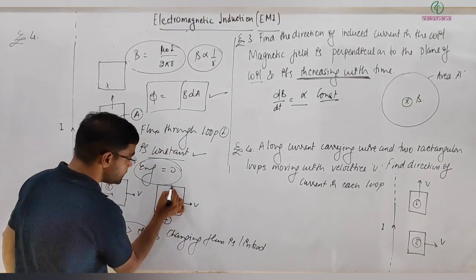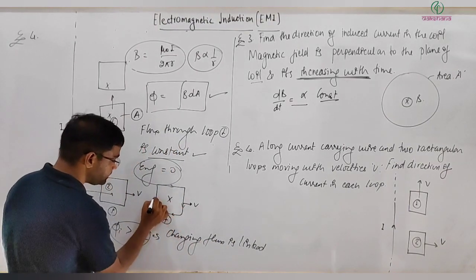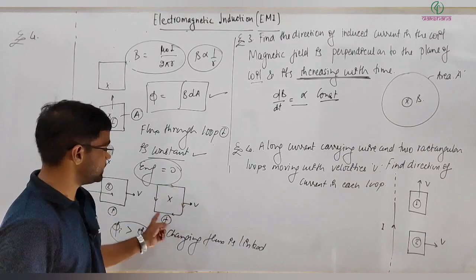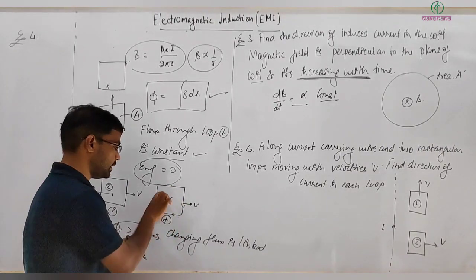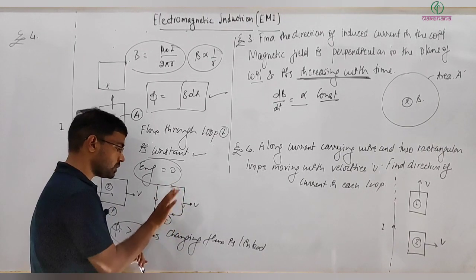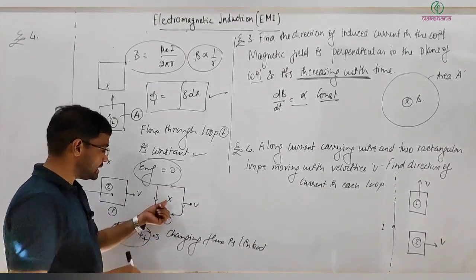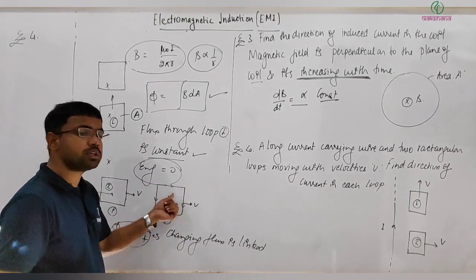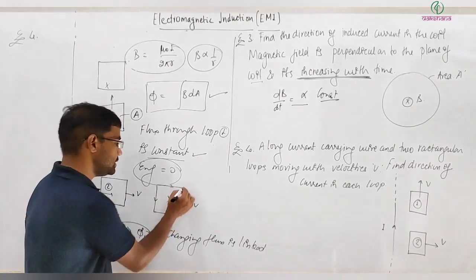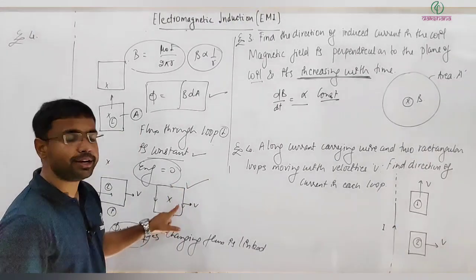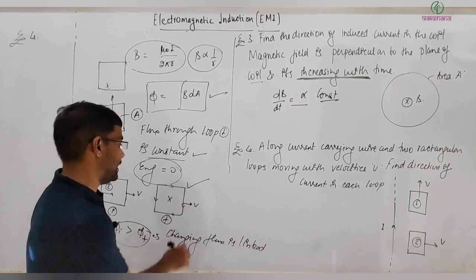So if the current is in the clockwise direction, the flux due to this induced current will be inward, and since the flux is decreasing, this current will try to increase that. This way the direction of current in this loop will be clockwise.